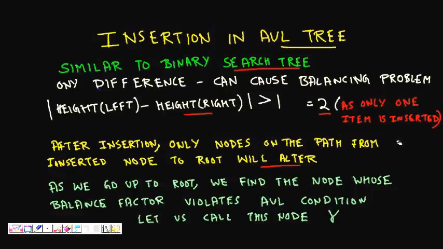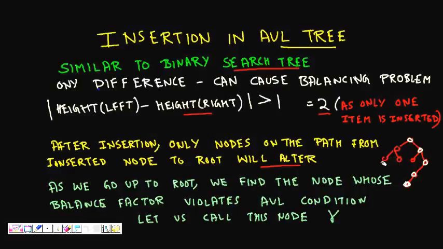If there is a binary tree and some insertion happened here, then only the balance factors of the nodes on the path from this node to the root get disturbed, because it is only affecting them.